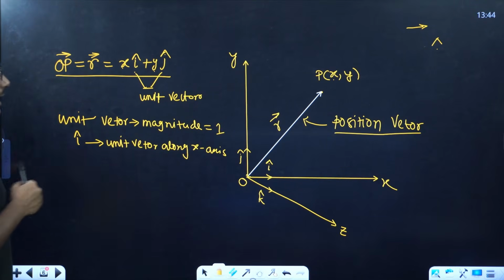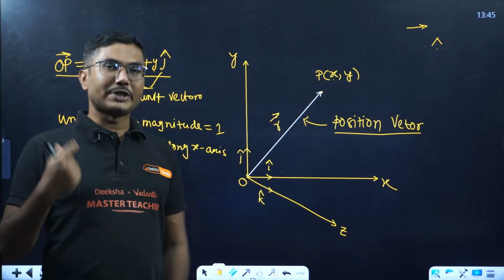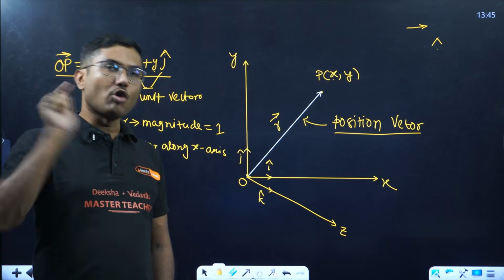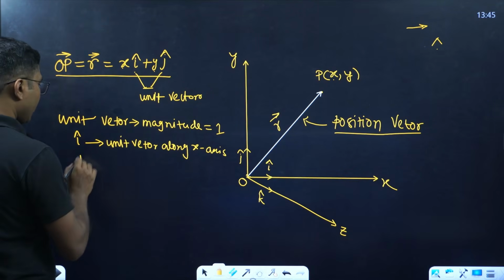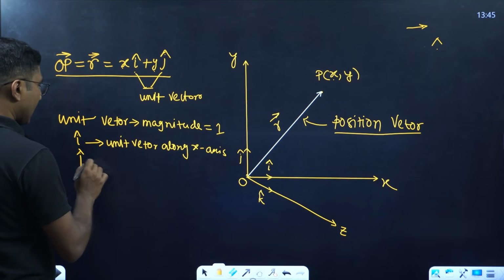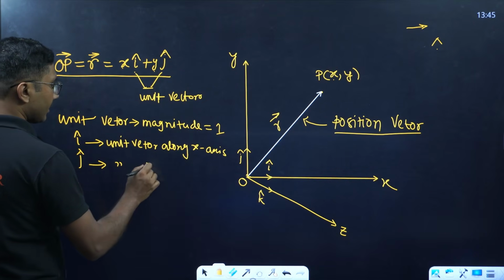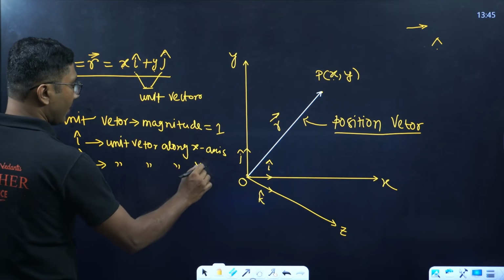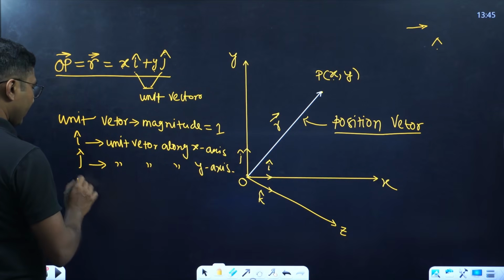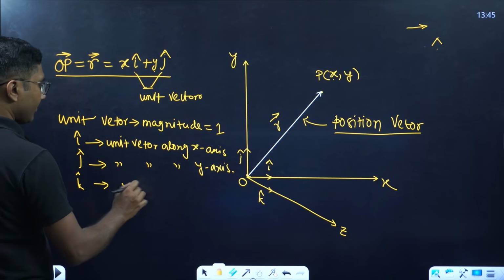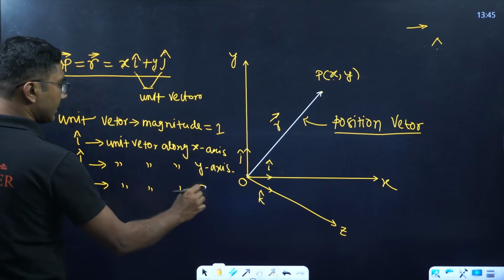So remember that we always use i cap j cap k cap as positive only. Coordinates can be positive or negative. That is one very important sign convention. j cap is the unit vector along the y axis, and k cap is the unit vector along the z axis.